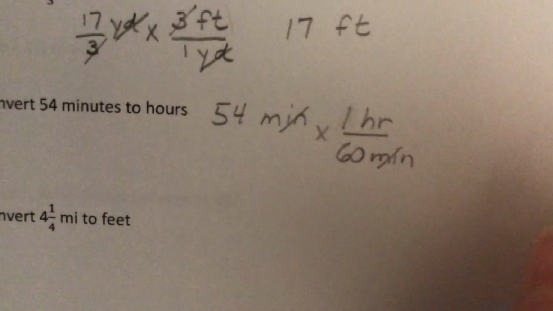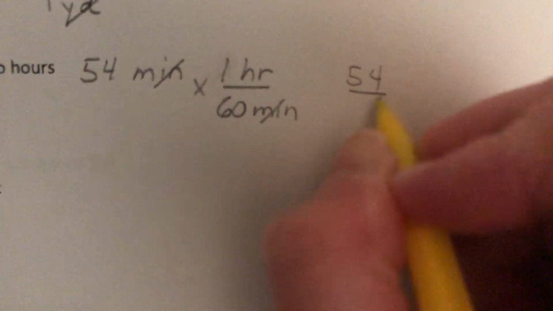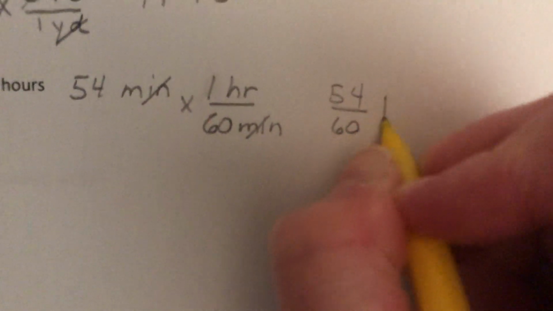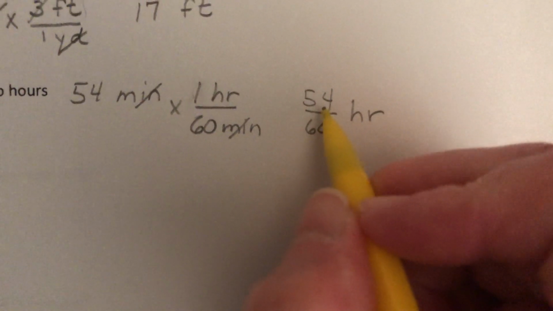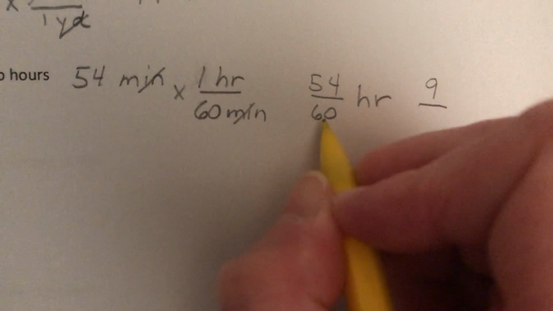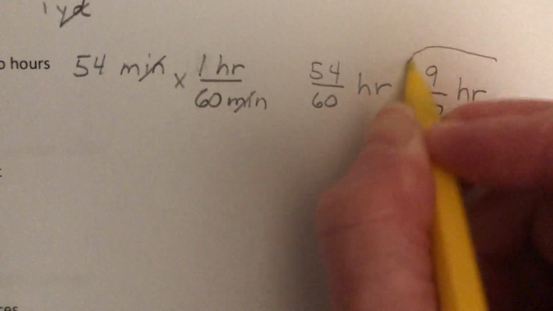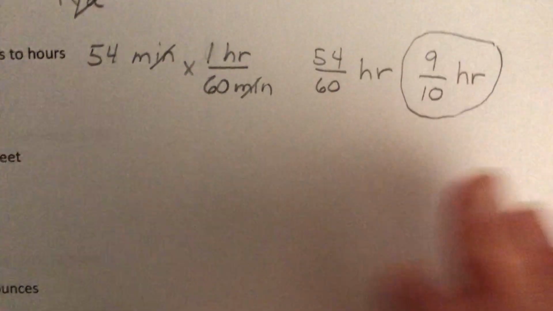So we're going to end up with 54 sixtieths hours. And we want to put that into lowest terms. So divide by 6. 54 divided by 6 is 9. 60 divided by 6 is 10. So 9 tenths of an hour.